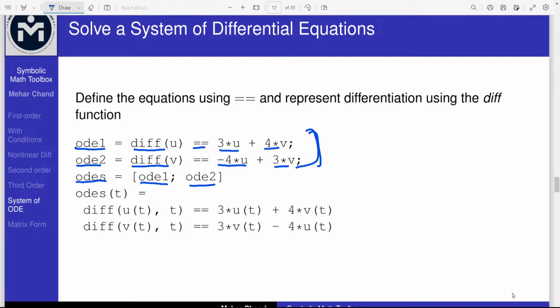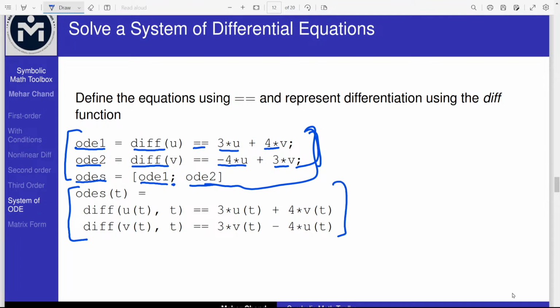But here we are using a semicolon because we have two equations separately. So to represent the equations we need a semicolon. When you enter these three statements in MATLAB, this is the output.